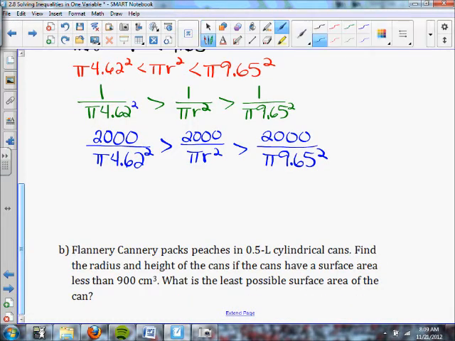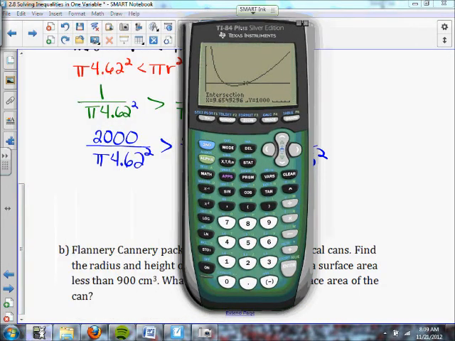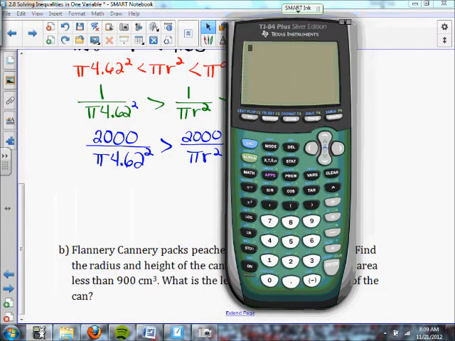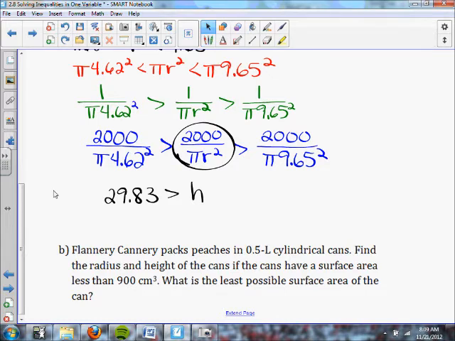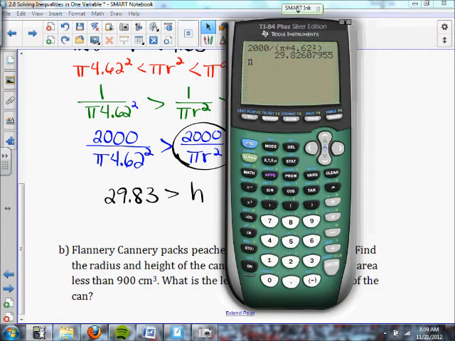Which will eventually, once we figure this out, we're going to do 2,000 divided by pi times 4.62 squared. That'll give us 29.83. This is simply h. And then we'll change the 4.62 to a 9.65 with 6.84.